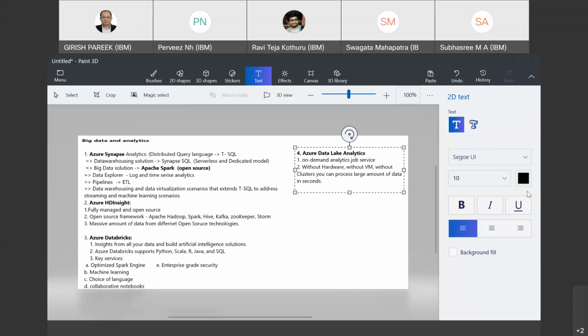Similar to that, if you want to work on different open source technology, then you have Azure HDInsight. If you want to process your data at a very fast rate, without setting up any cluster, any hardware, much configuration, or even deploying new hardware, you will be able to use Data Lake, and that too in a cost-effective manner.